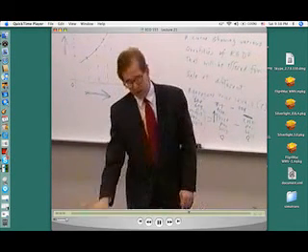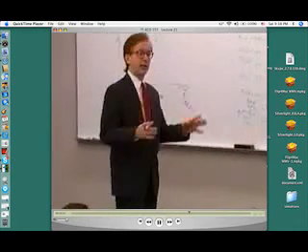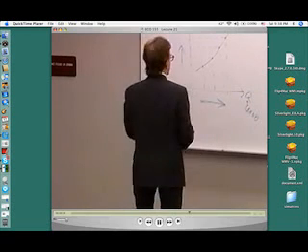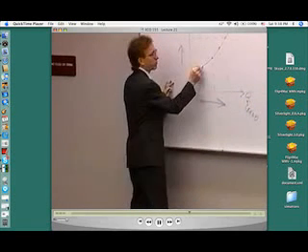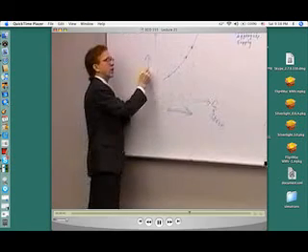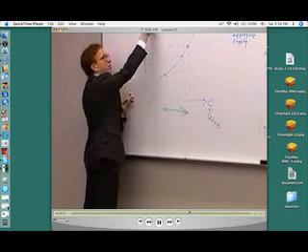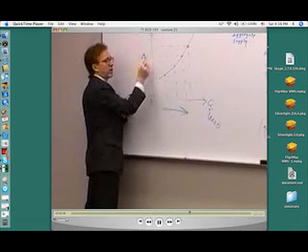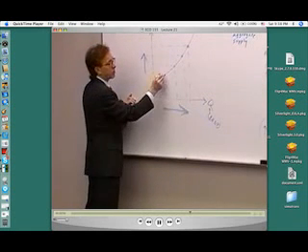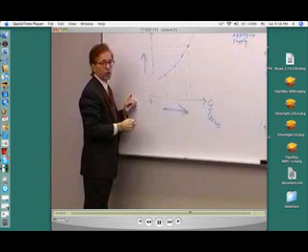Okay? This is the same with respect to aggregate supply and demand as the microeconomic supply and demand. We always want to distinguish between a movement along the curve, and what I'm saying here is we move along the curve if the price level changes. Higher price level, larger quantity of real GDP being supplied, but we're moving along the curve.